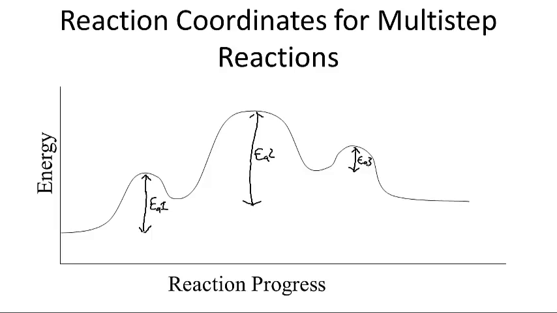This would be a reaction where that second step creates something pretty unstable, and so the third step happens pretty rapidly after the second step. Generally, the highest energy transition state means the slowest step.